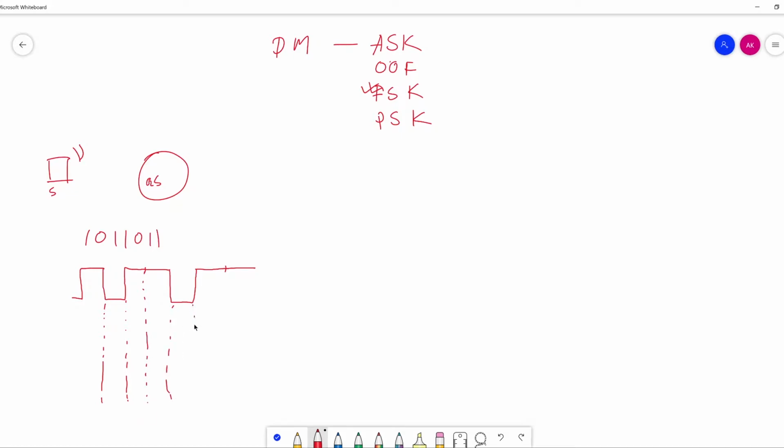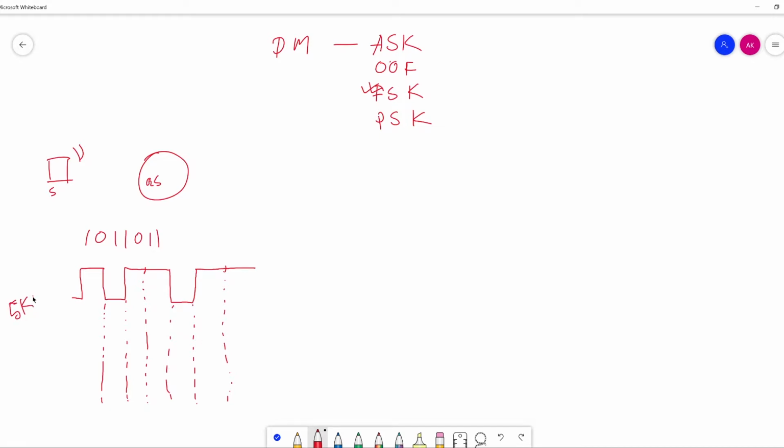As the name suggests, it's a frequency shift key. So we will make some changes in the frequency in the modulation. Suppose in frequency shift keying, for the high part we have a very high frequency, let's assume 5 kilohertz.